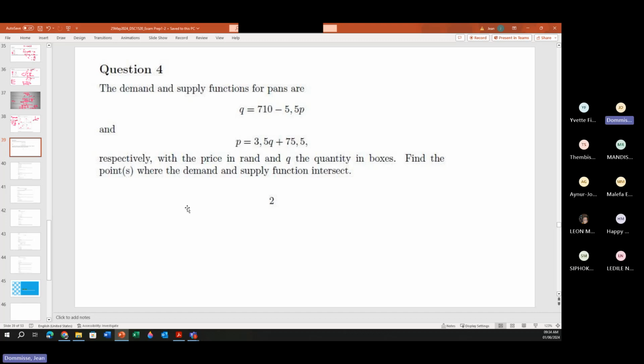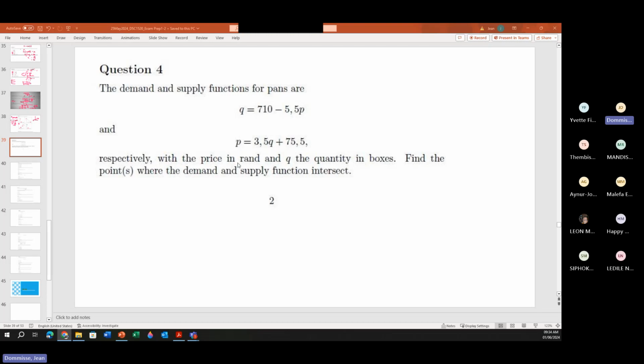Find the point where the demand and supply functions intersect. And I don't see any answers added to that one.